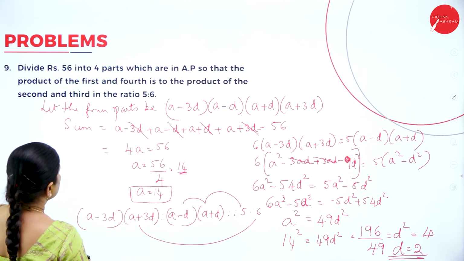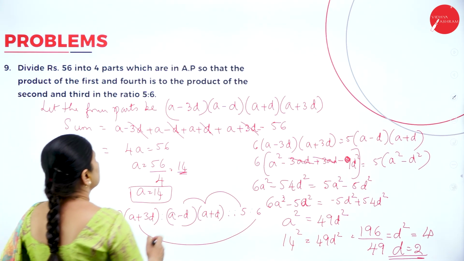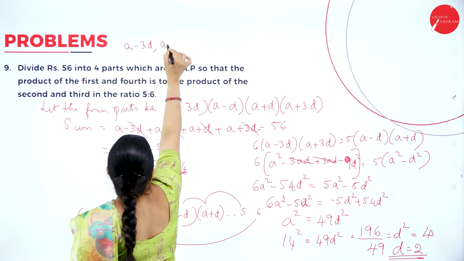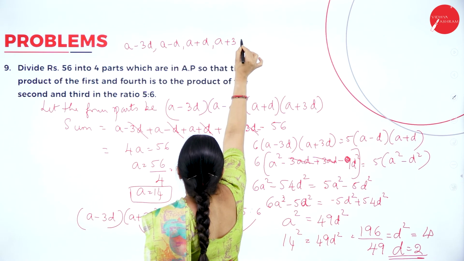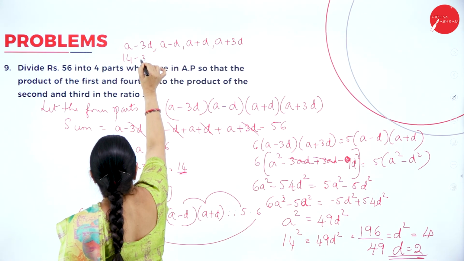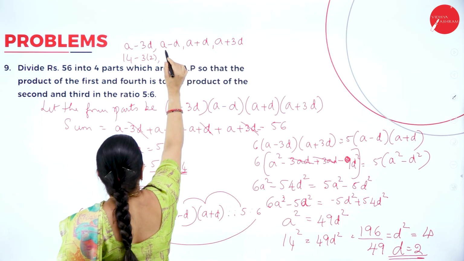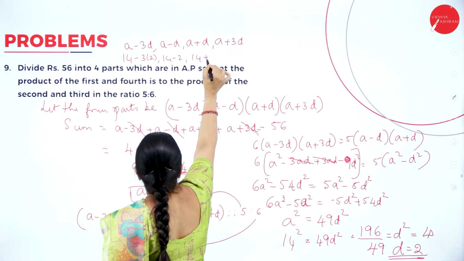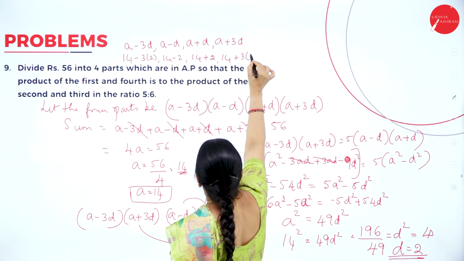Now, they have asked for the 4 parts of the AP. So, we know A, we know D. So, A minus 3D, A minus D, A plus D, A plus 3D. What is A here? 14 minus 3 into 2, comma, then A minus D, 14 minus 2, 14 plus 2, 14 plus 3 into 2.